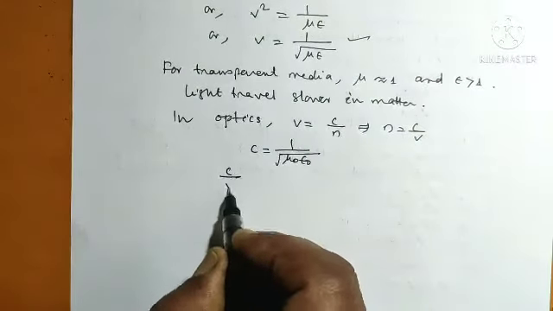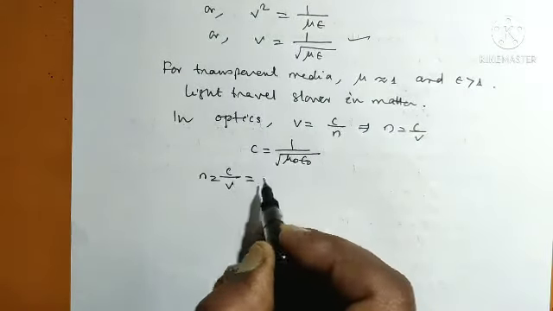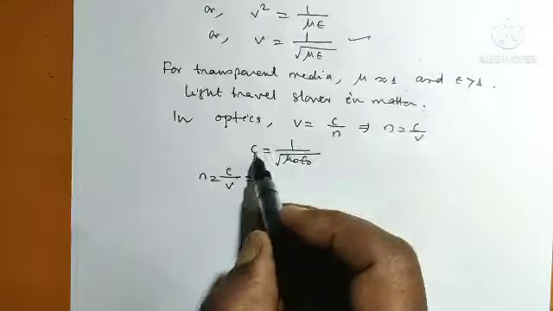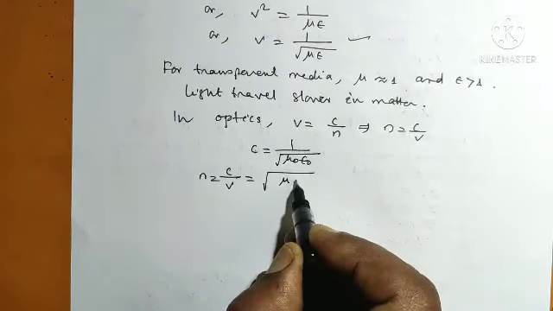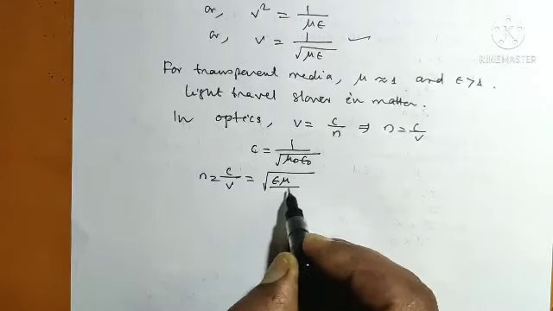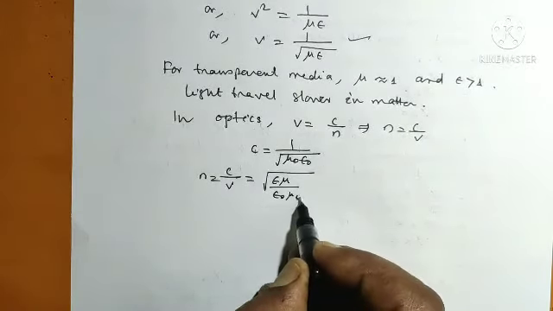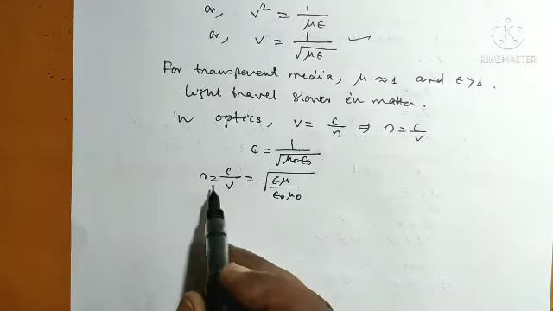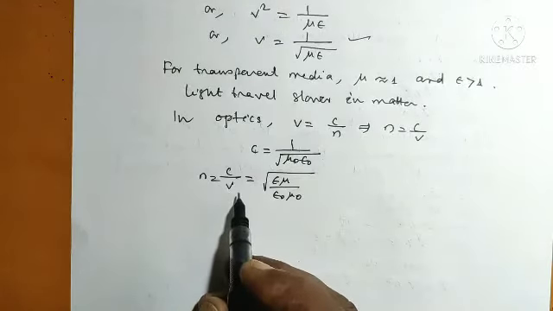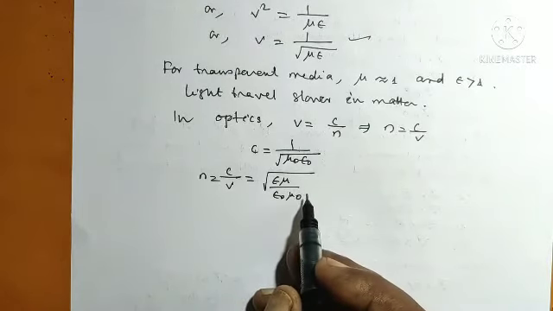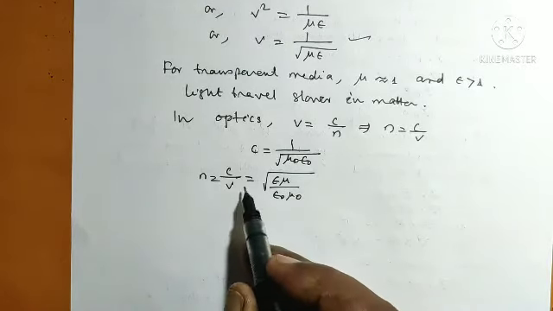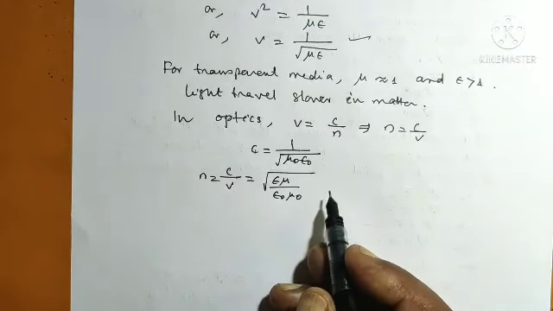So taking the ratio c by v, which is equal to n, this is square root of mu epsilon by mu 0 epsilon 0. So the index of refraction varies according to the wavelength or color. So this is the expression for the index of refraction.